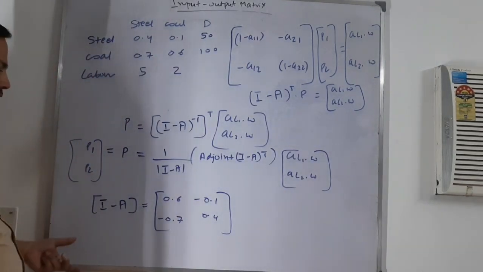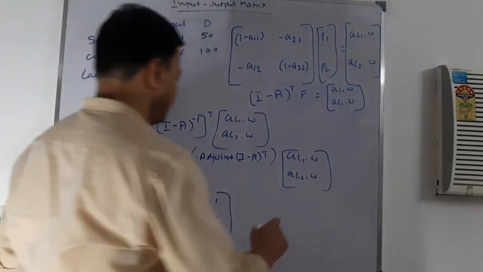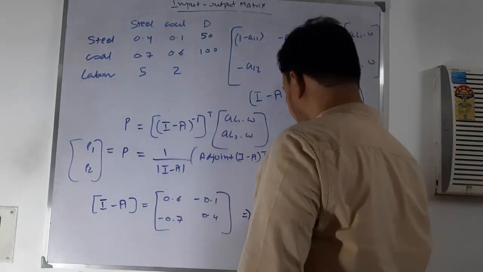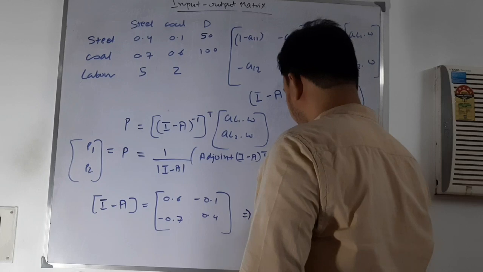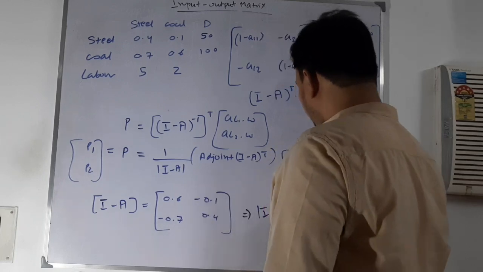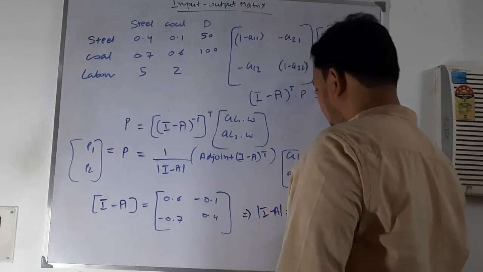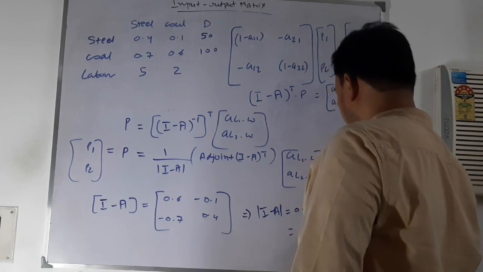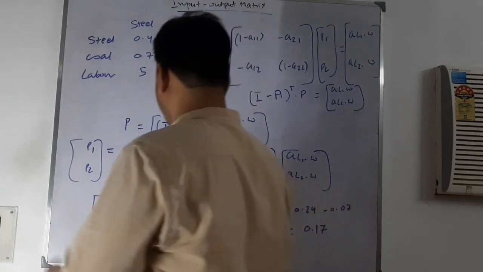I will take the determinant of this one. The determinant of I minus A is 0.24 minus 0.07, which is 0.17. This is the determinant I have got.